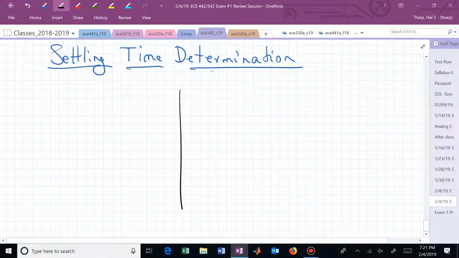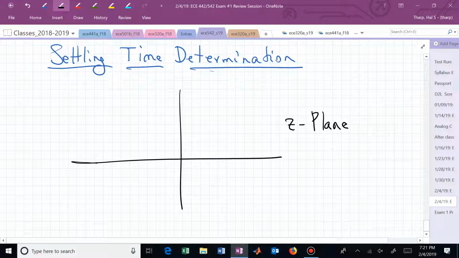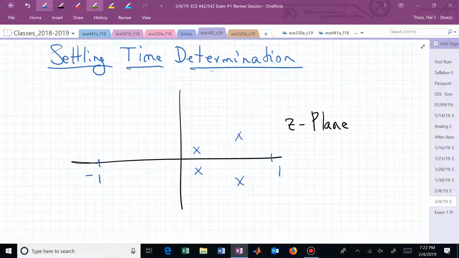For example, suppose I now provide you with a transfer function or this z-plane pole-zero plot, and I have a couple of pole pairs in this diagram. And maybe this is 1 and this is minus 1. If I'm talking about settling time, what do I definitely need to have true relative to those pole locations? They have to be inside the unit circle.